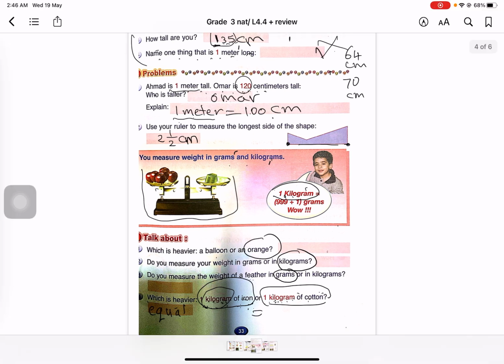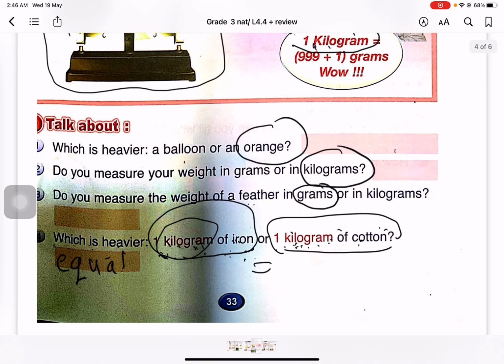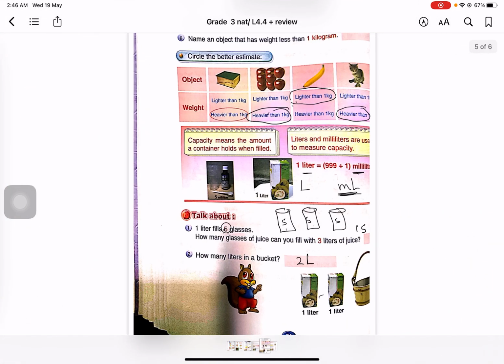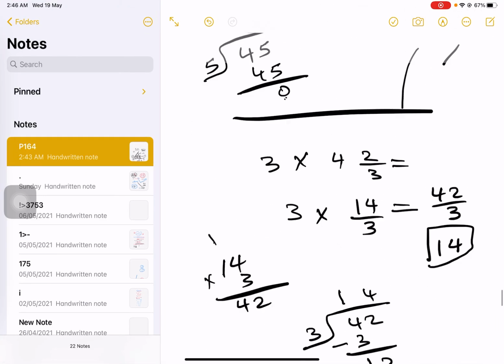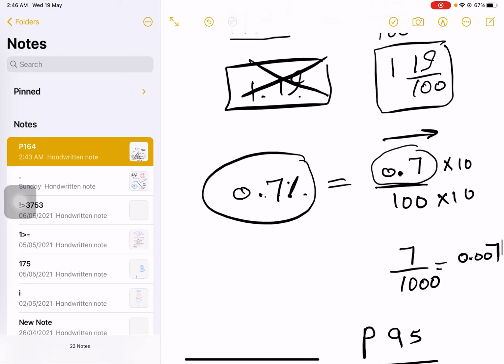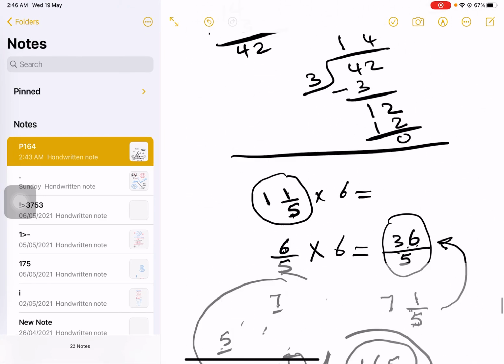Both of them are equal because I use the same unit, kilogram here and kilogram here. Don't think that cotton, because it's lighter, will be less. They are going to use 1 kilogram of the cotton and 1 kilogram of the iron. So both of them are equal. So you should put equal here.